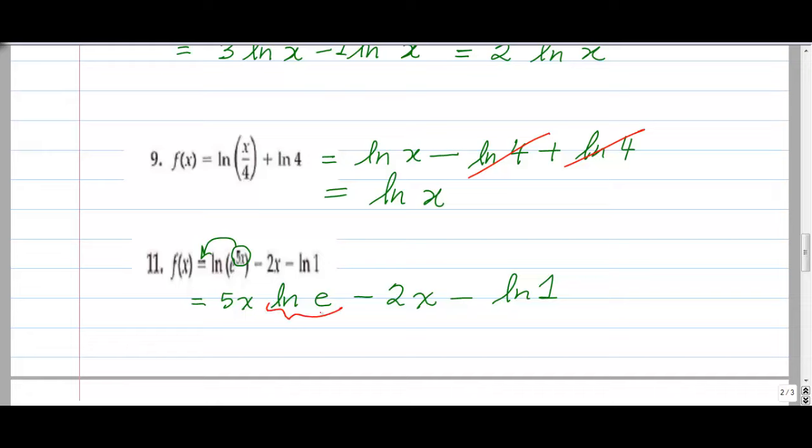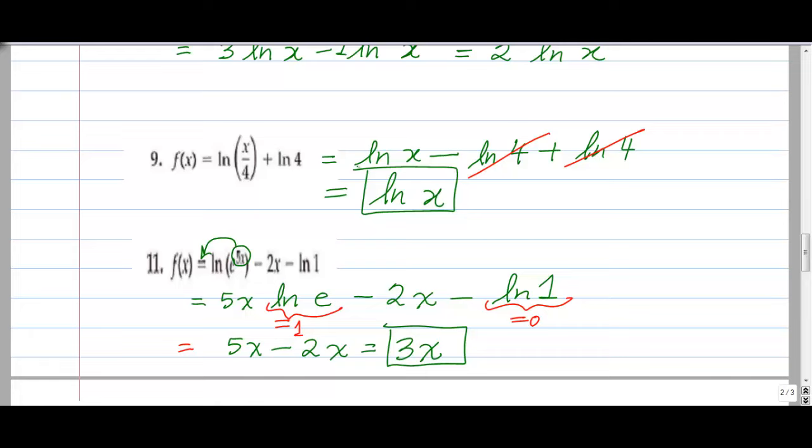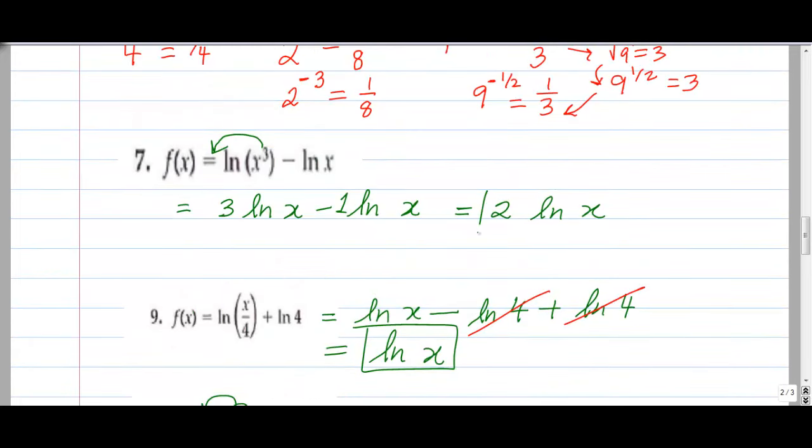I know this thing equals 1, and natural log of 1 equals 0. So really I'm just left with 5x minus 2x, and this becomes 3x. Okay. So let me just box my final answers. Right?